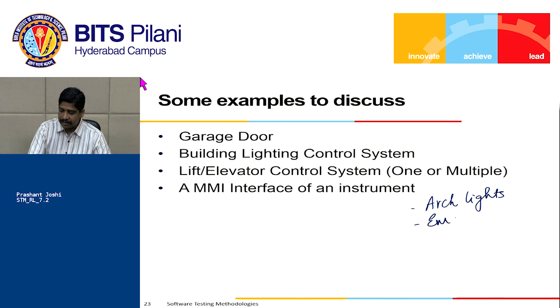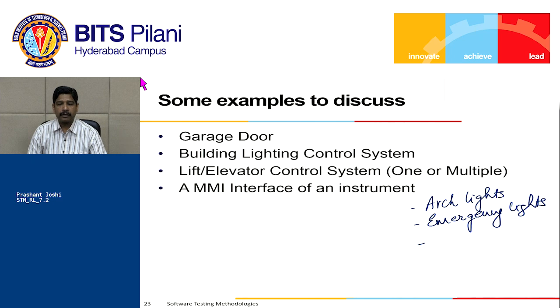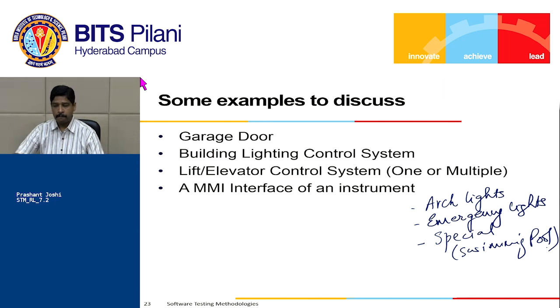We'll have emergency lights. We will have certain special lighting control systems, maybe lights within the swimming pool. All of this will have to be controlled from a central system when we have a huge complex.